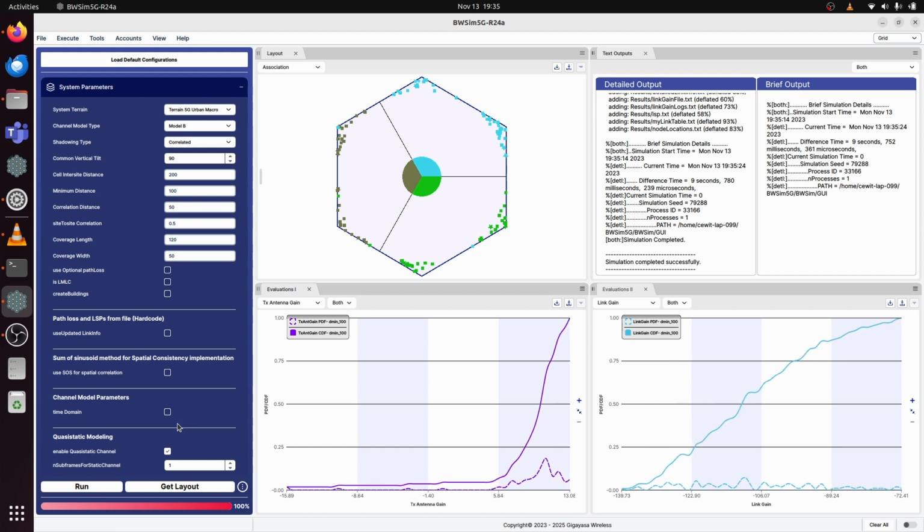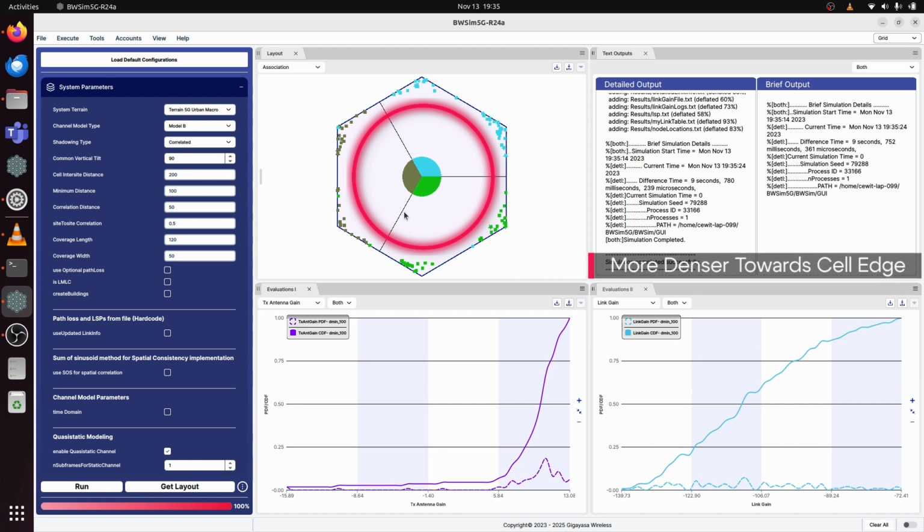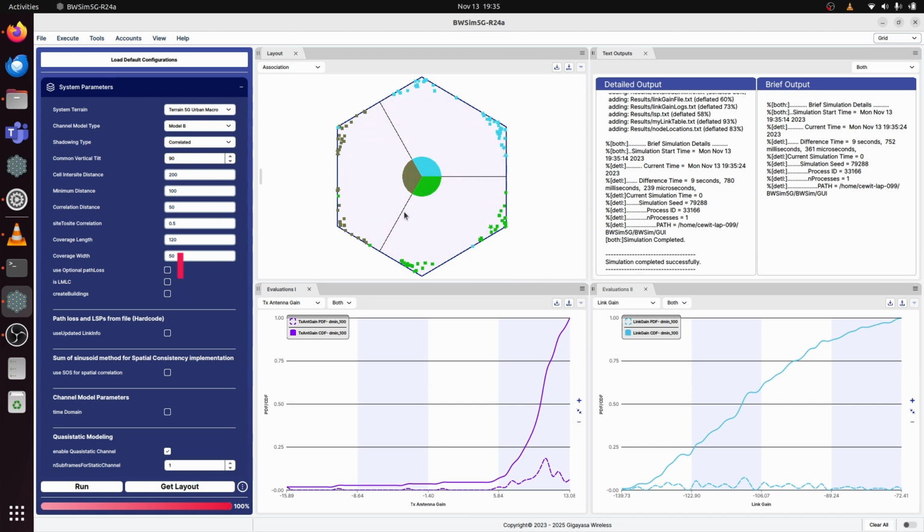So in this, as you can see, when you increase the minimum distance between UE and base station, the user equipments get denser towards the cell edge. In this experiment, we are going to change the minimum distance for different ISDs and observe the behavior change in SIR and SINR.